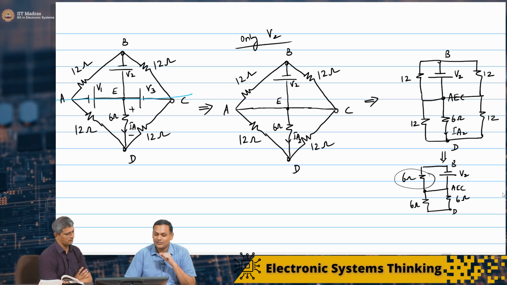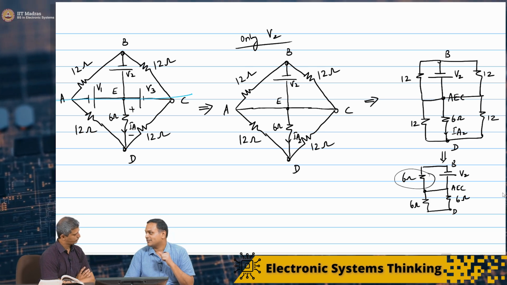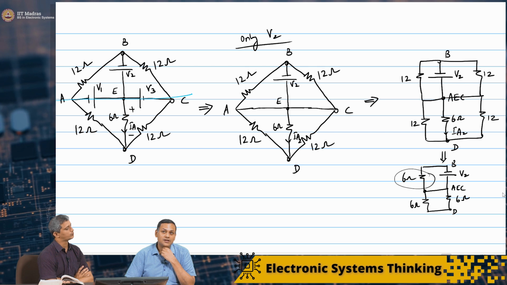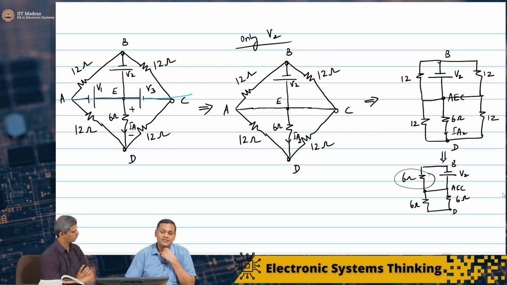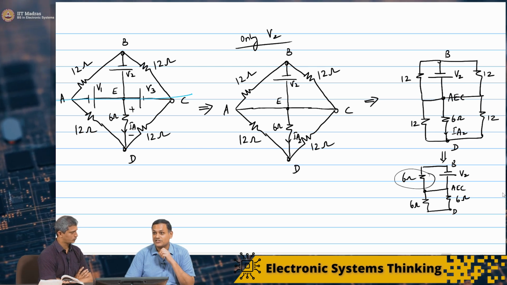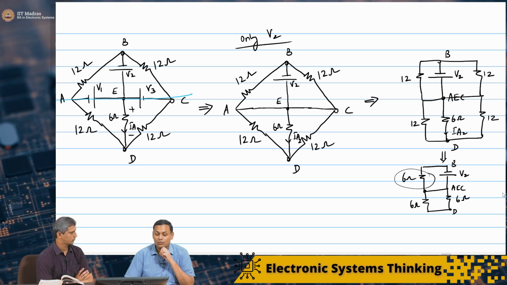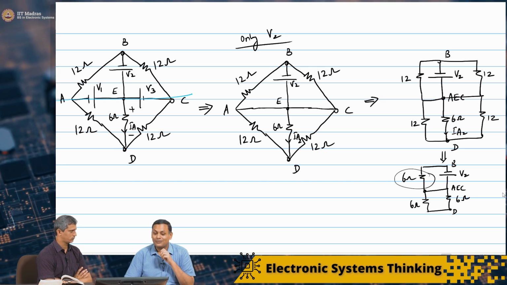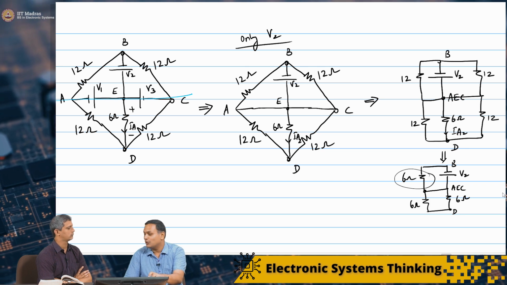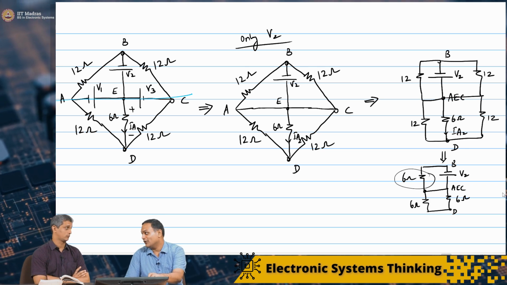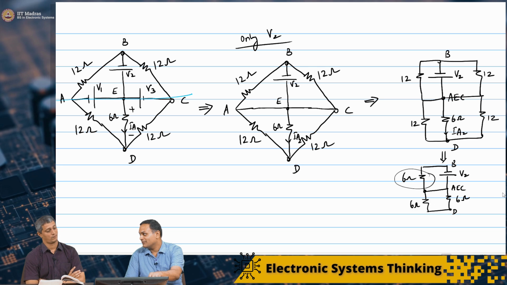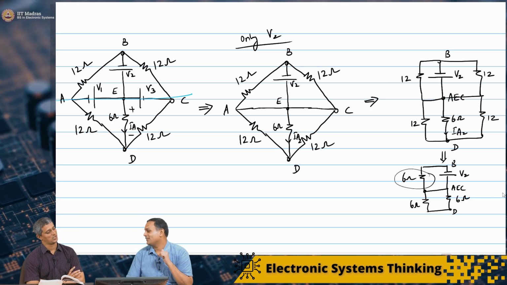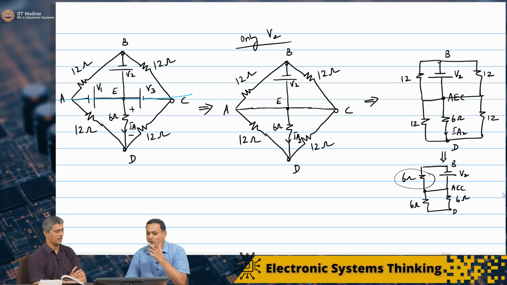But now that you have given me this thought, a reverse question can be posed: what should be the resistance such that this voltage should be 12 volts, because all the other 3 were 12 volts? Students can think of that, maybe we'll leave that as homework.